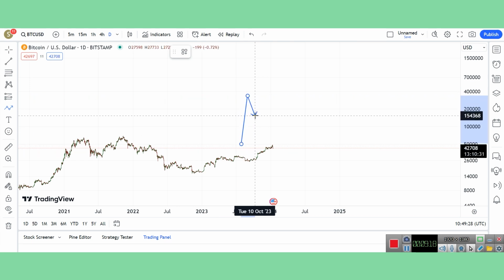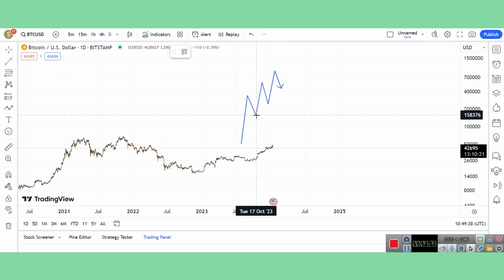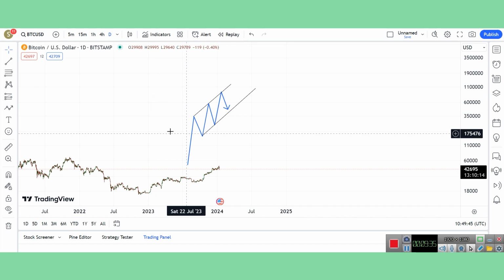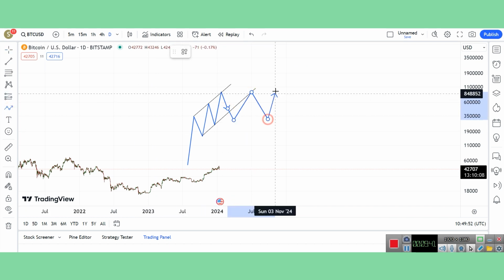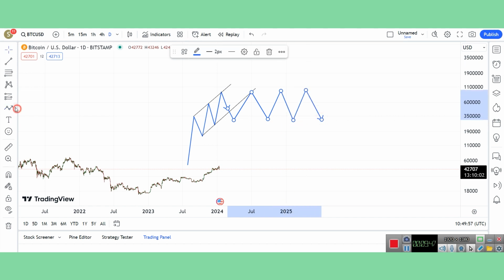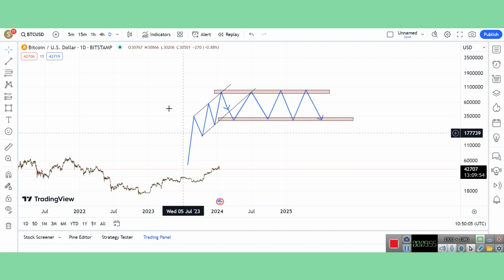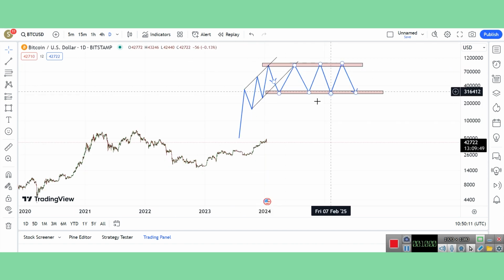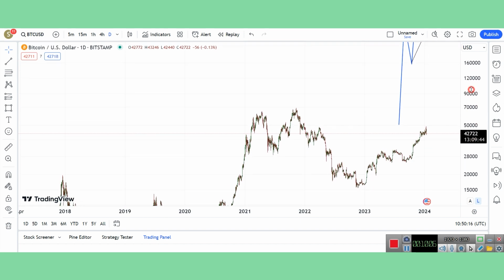And then the market goes through different corrections like this, and we call it a channel. Then the market forms a channel, and after forming this channel, it goes to a trading range between two zones. And these three cycles are always present in the market, and we're going to see some examples.